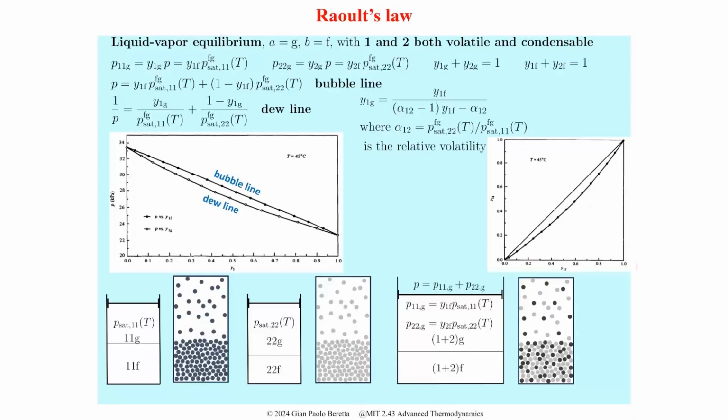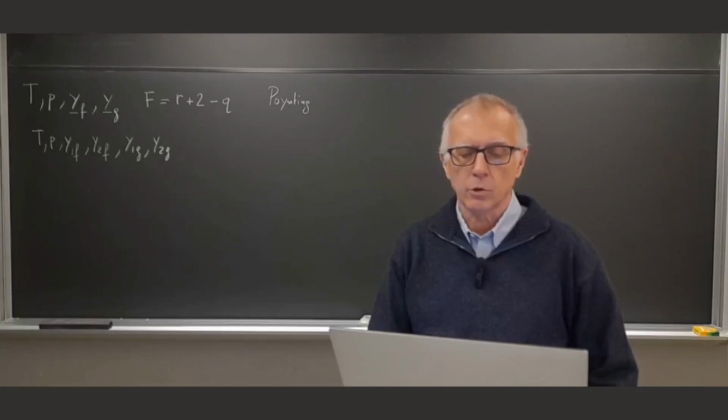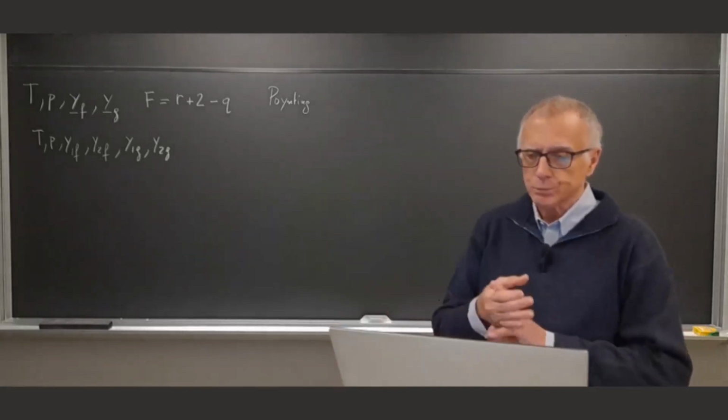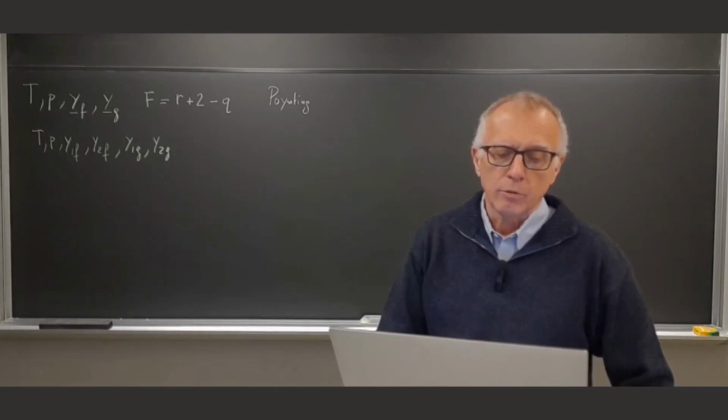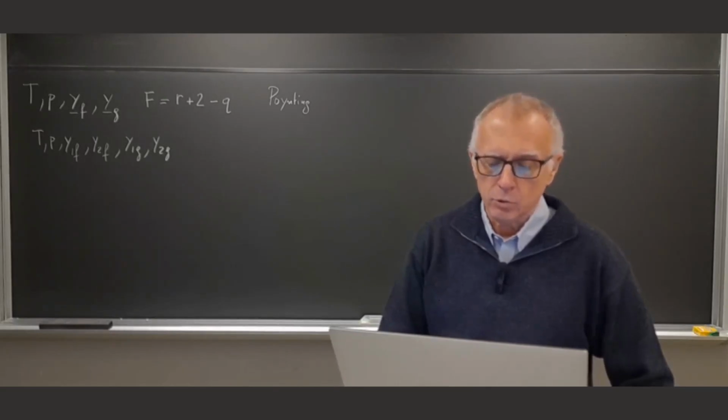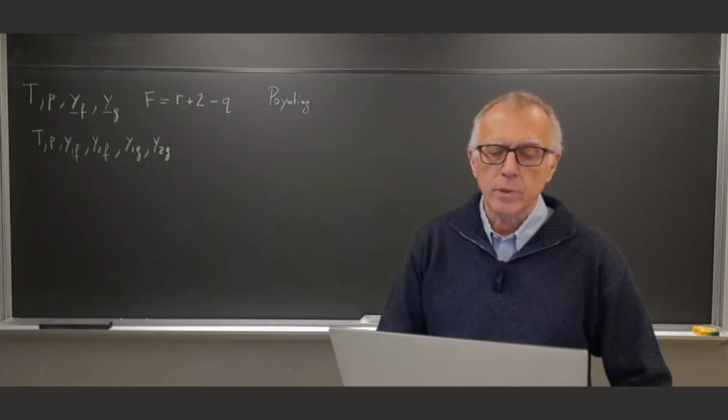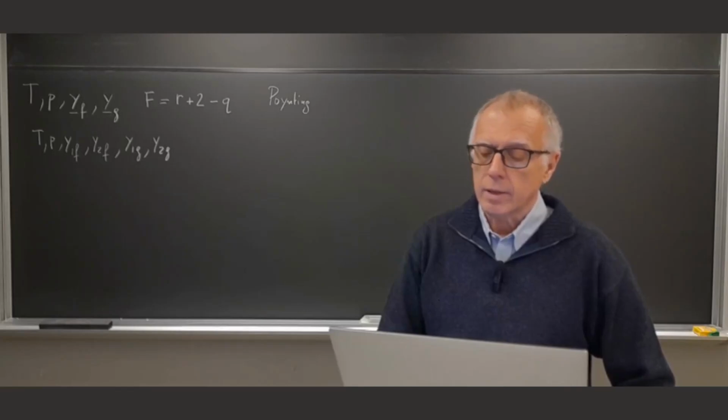And here is a plot. So this is y1f, this is y1g, and this is how that equation looks. Of course, remember that if we have written this for both substance 1 and substance 2, it means that we have assumed that at all compositions, the liquid behaves as an ideal solution.